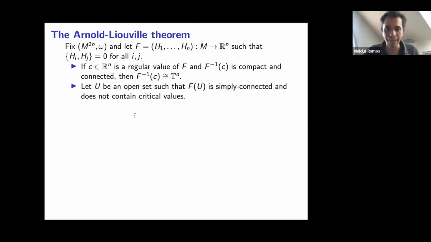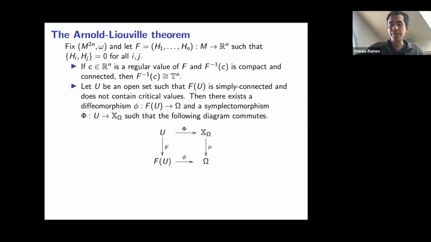So if you take an open set U in M, such that the image by F is simply connected and does not contain any critical values, then you can actually extend this diffeomorphism to a symplectomorphism to a toric domain, or to a Lagrangian toric fibration if you prefer. So here's the statement.